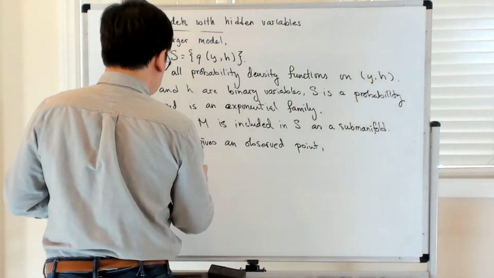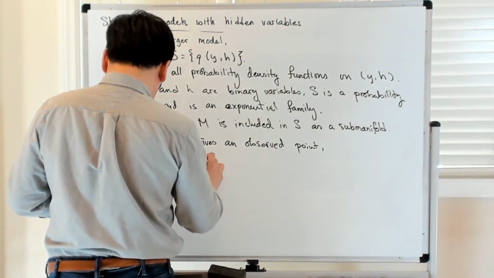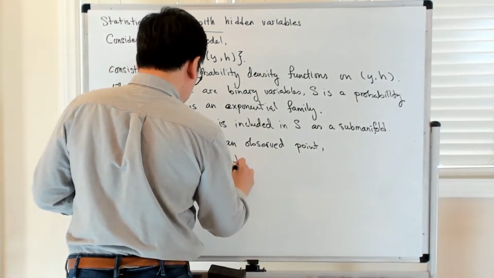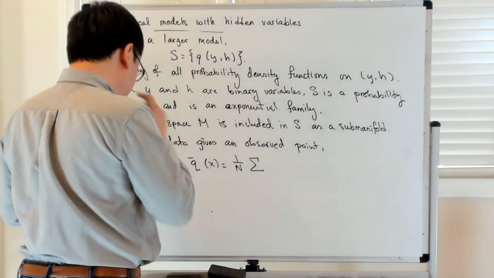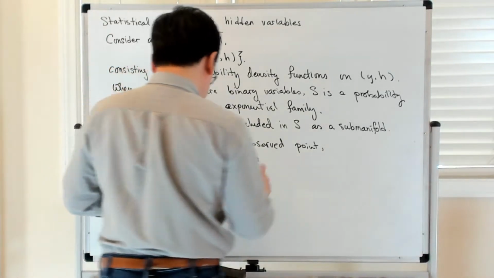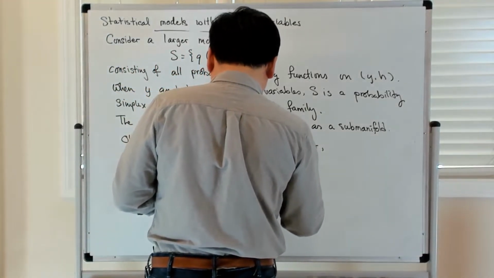Let's call that q bar of x, which is just the average of these delta distributions.